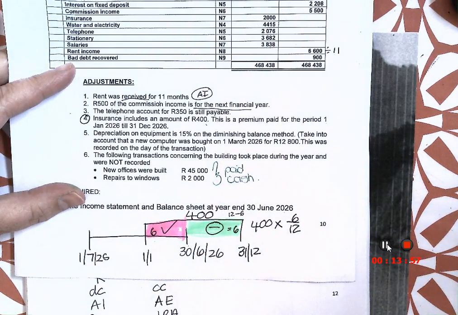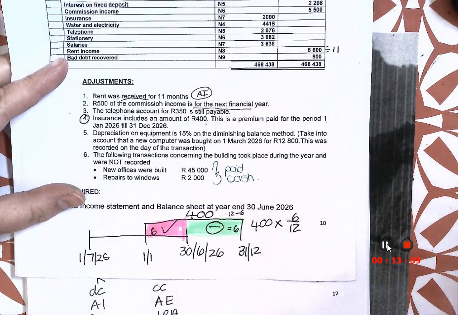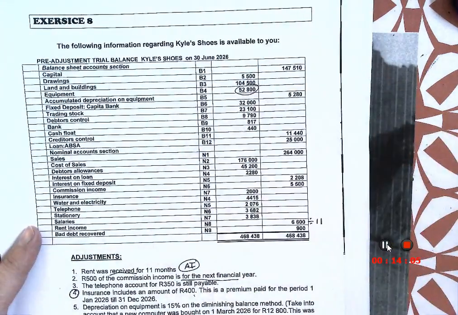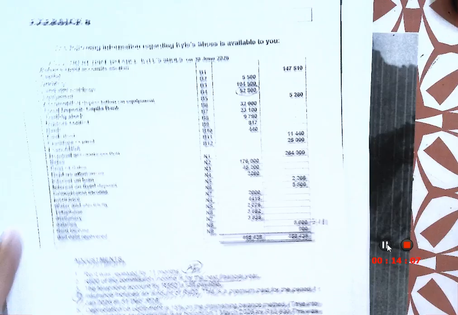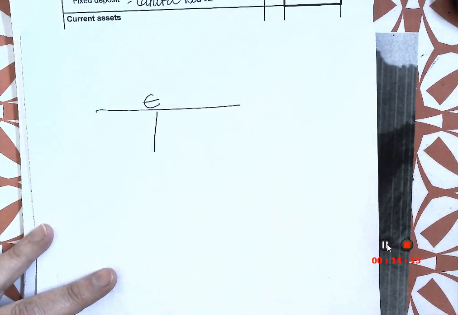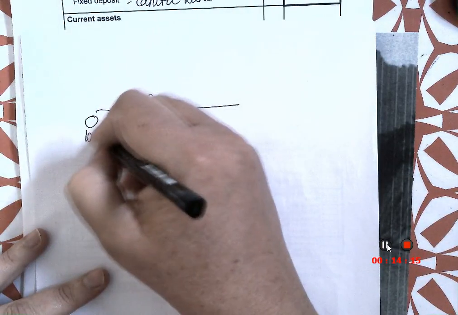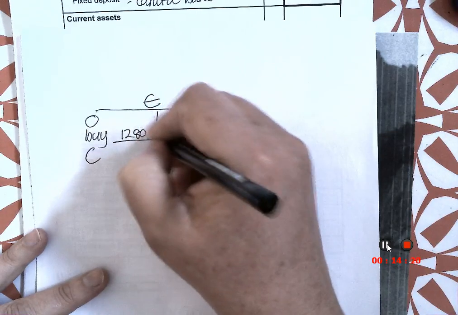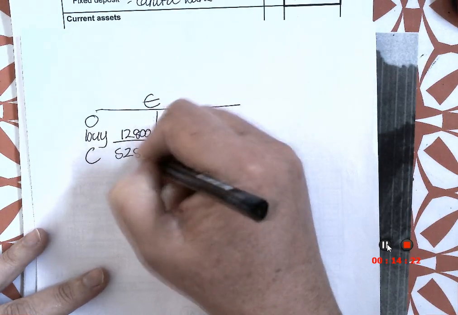When they say this was recorded, it means it's already included in that 52,800. If I were to draw a T account for equipment, I have an opening, what I buy, and a closing. I buy 12,800. That 52,800 is then the closing.